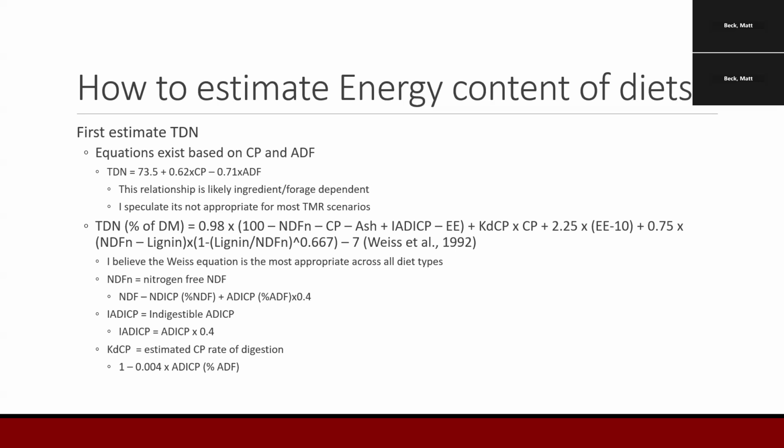So whenever I played around with this, it works. This equation works really well. Again, I'm not going to ask you guys to use it. Okay. So you don't need to know. I may ask you, where would you find the summative equation to estimate TDN? Answer would be Weiss 1992 or something like that. Okay.